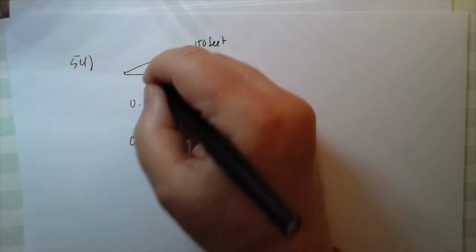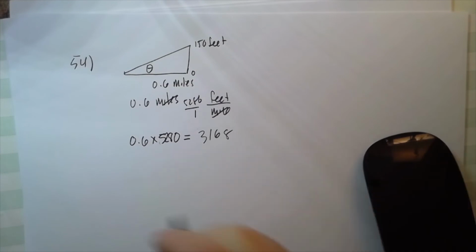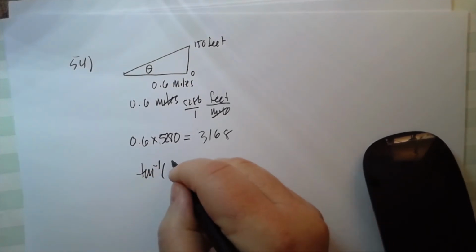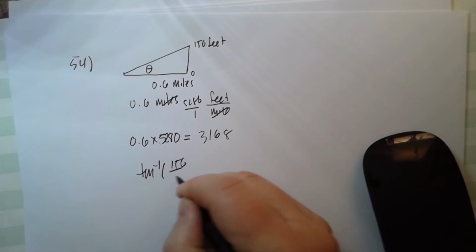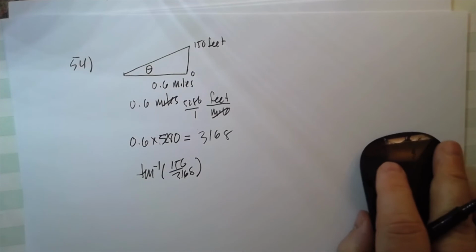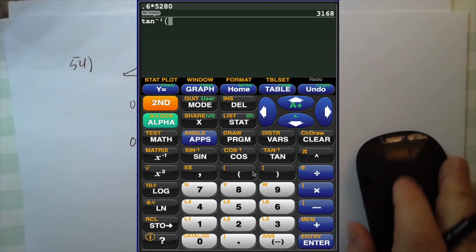Alright, so now we want to find the angle. So this would be tan inverse of opposite over adjacent. Again, we can just do that on our calculator. Tangent inverse of 150 divided by 3168.